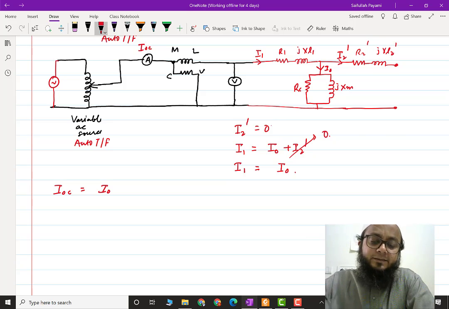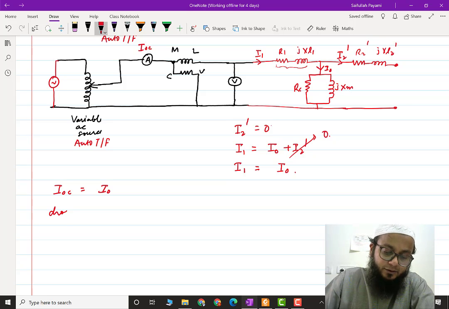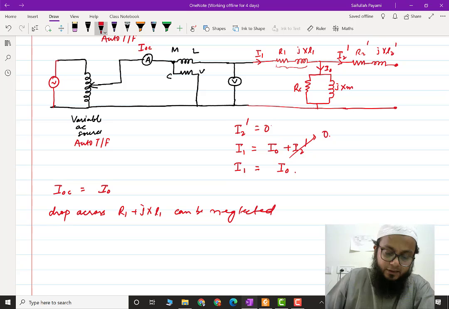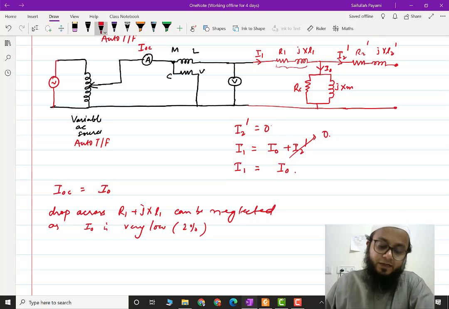And the thing is, since we are performing this test at the low voltage side, these parameters R1 and jXL1 would be very low, and this no load current itself is low, so the drop across R1 plus jXL1 can be neglected as I naught is very low, 2% of the rated.